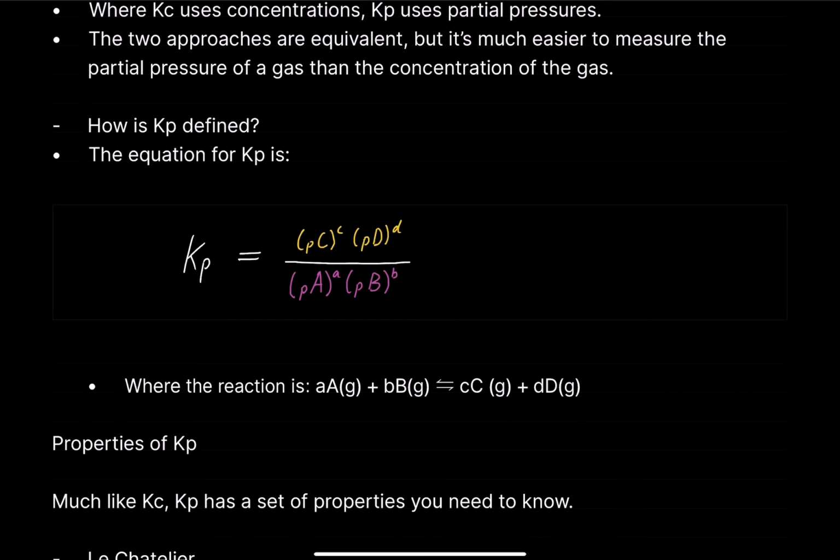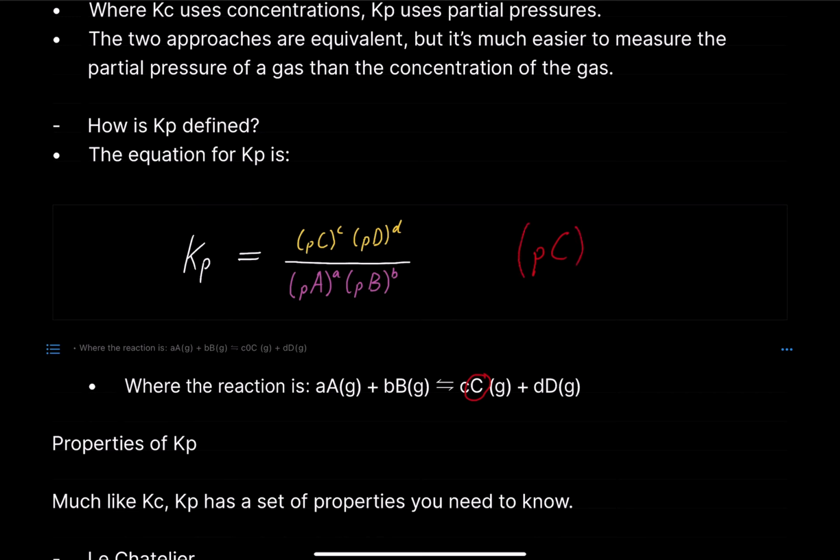If you think about it like this, if I had the reaction of lowercase a, so A plus B goes to form C plus D, right? The capital C here would represent your partial pressure.